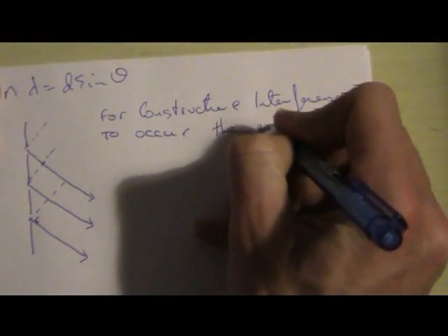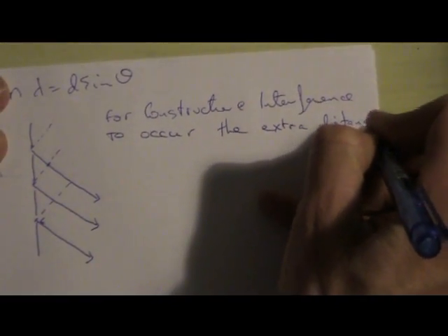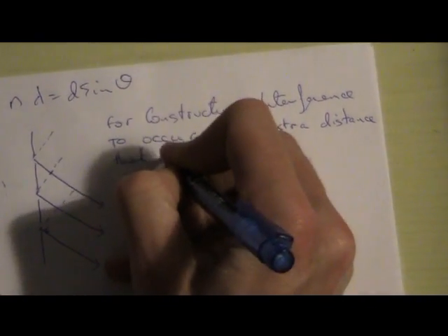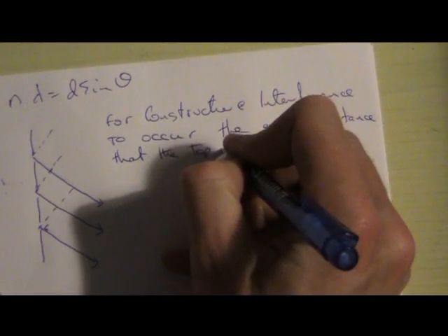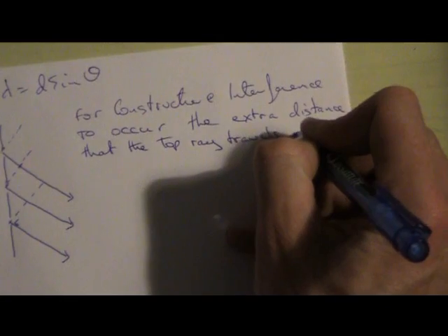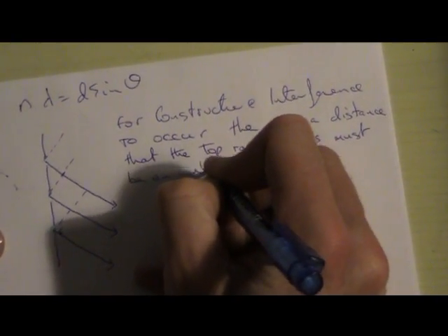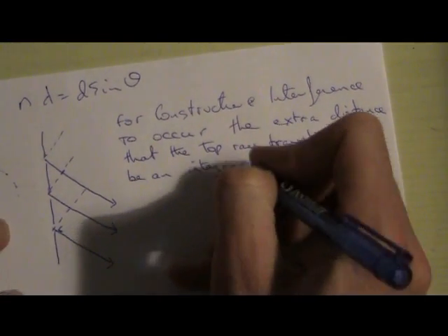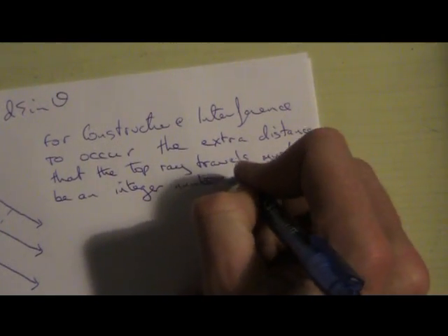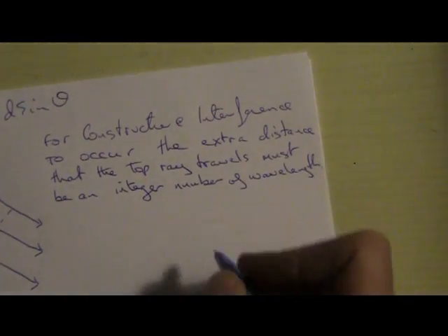The extra distance that the top ray travels must be an integer number of wavelengths. In other words, it can't be half a wavelength, it has to be a whole number of wavelengths.